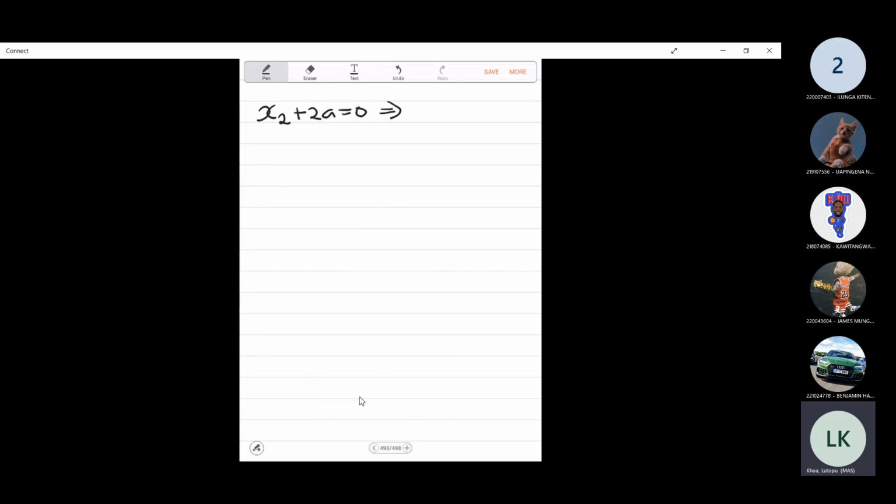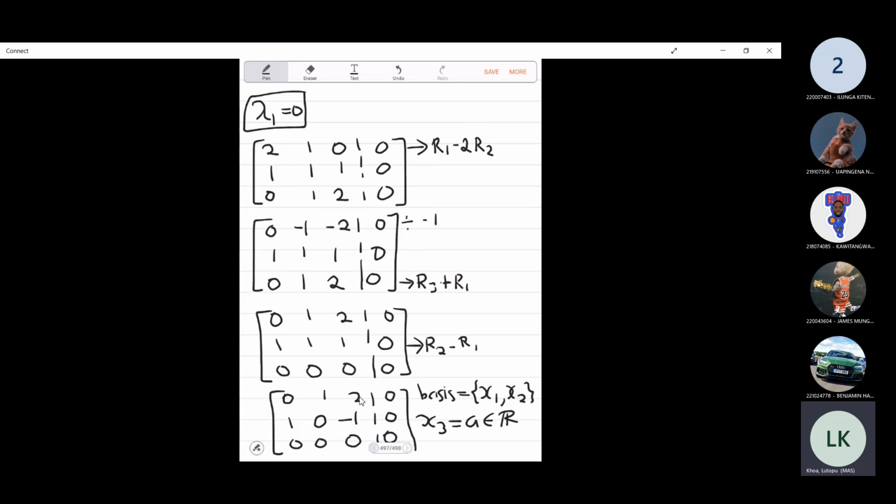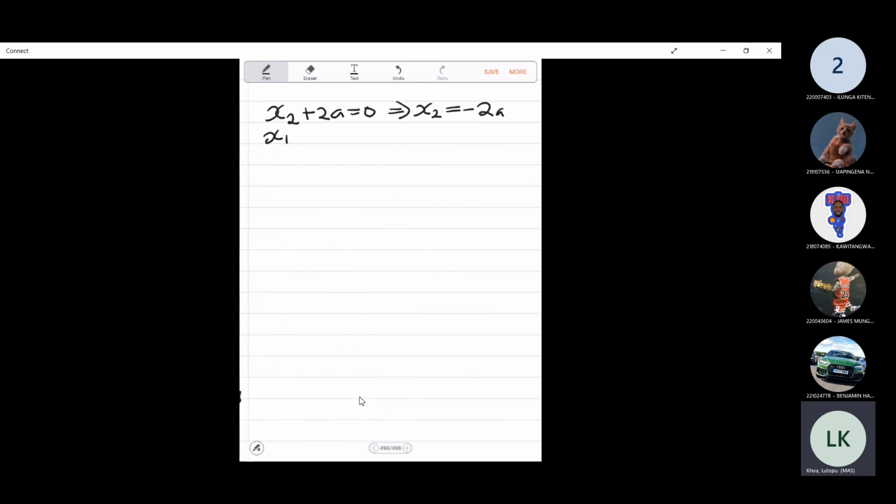Okay, so from the first one I have x2 plus 2a is equal to 0. So this means that x2 is equal to minus 2a. And then we have x1 minus a is equal to 0. This means that x1 is equal to a.